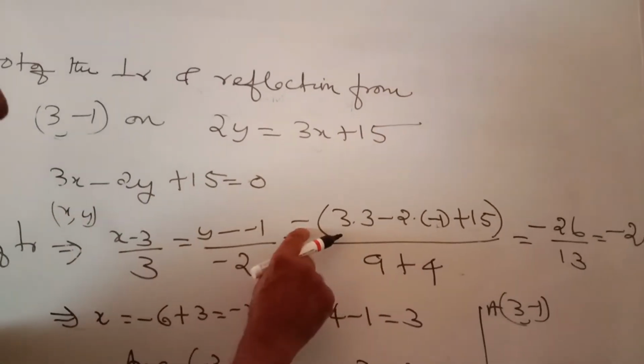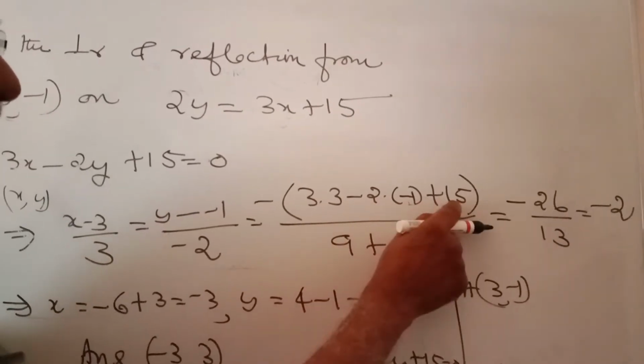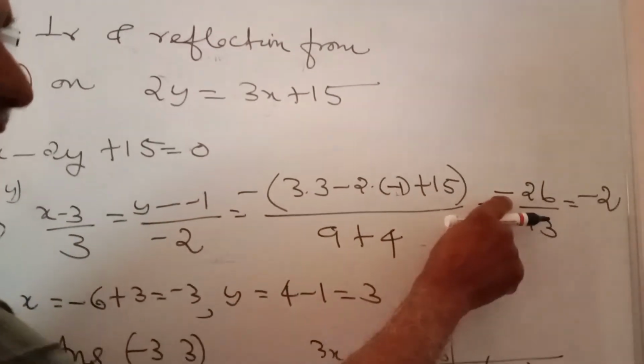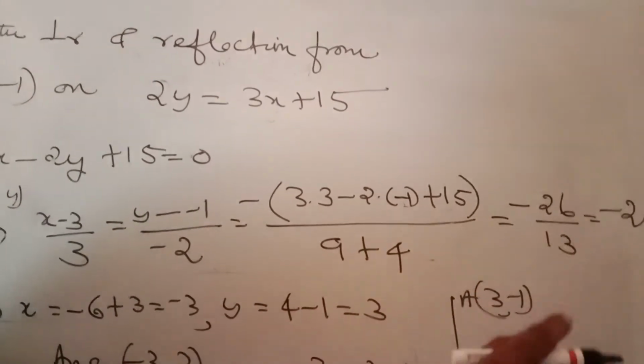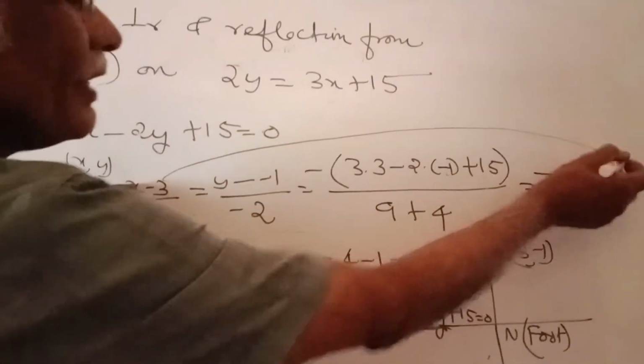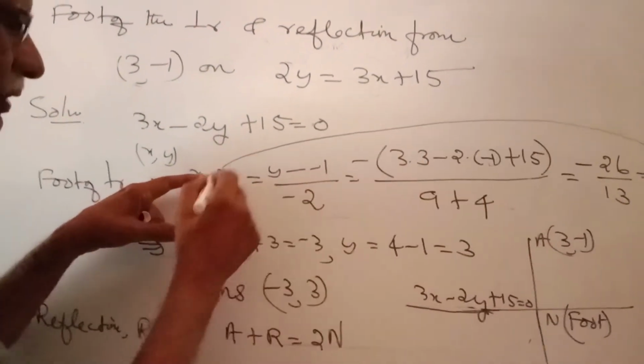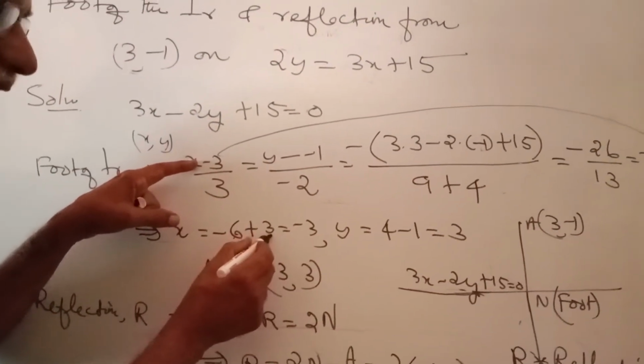Finally, minus of 9 plus 2 plus 15, minus of 26 by 13, which is minus 2. So we see (x - 3)/3 is minus 2. So x minus 3 is minus 6, or x is minus 6 plus 3.